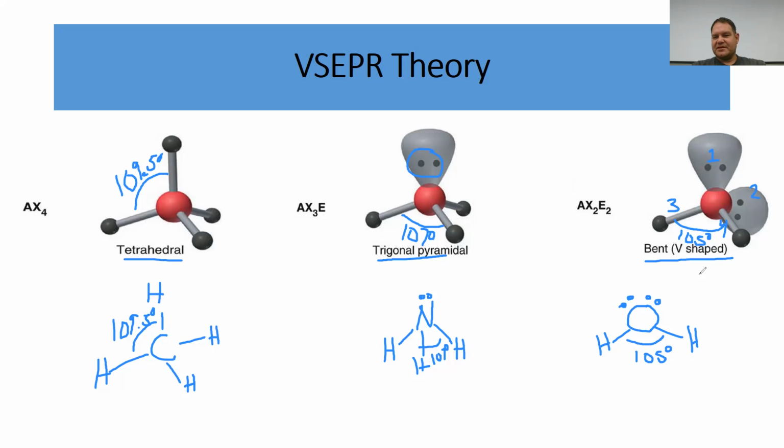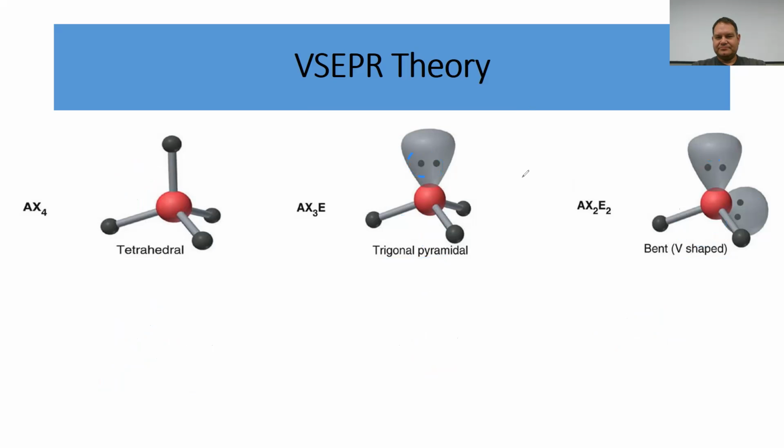However, there are some odd shapes that occur with some molecules that have what we call the extended octet rule. Based on the extended octet rule, some of these molecules are going to have some interesting geometrical shapes. Okay, so we're going to look at them now.